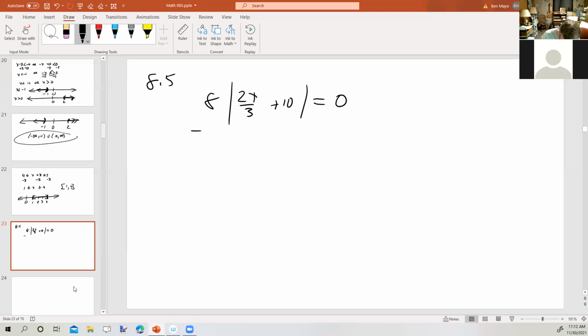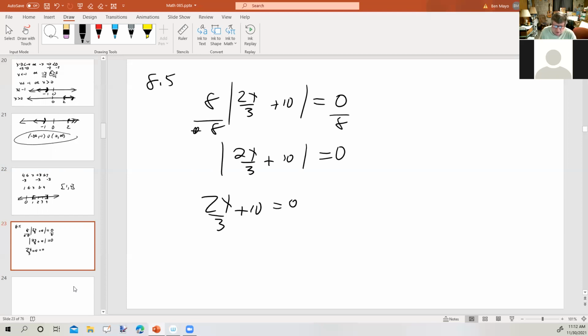So in this case, oops, I wouldn't subtract 8, I would divide by 8. So I've got that. Now, when the absolute value is equal to 0, you're going to have just one equation to solve.